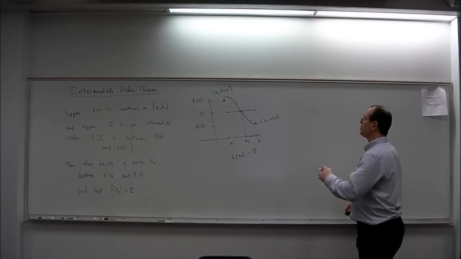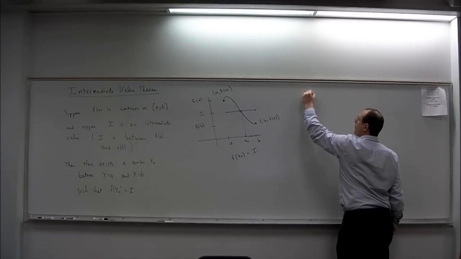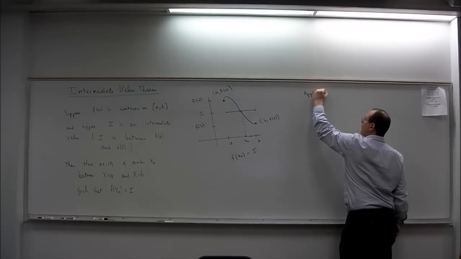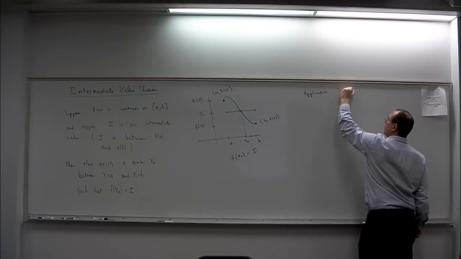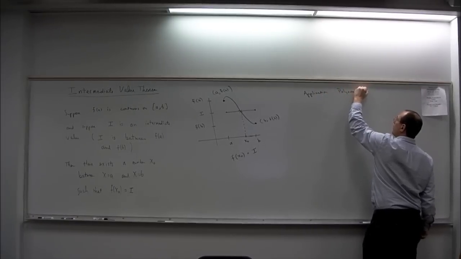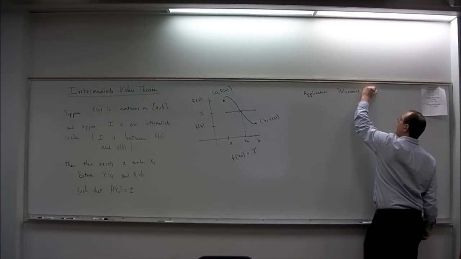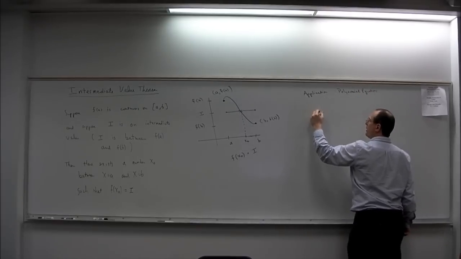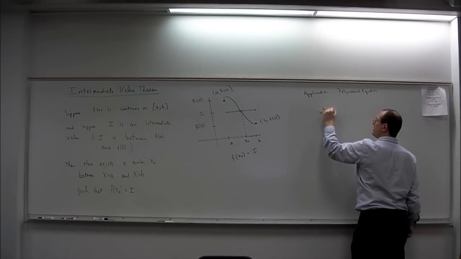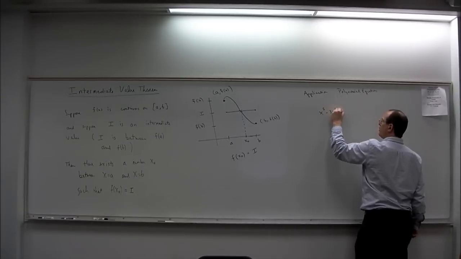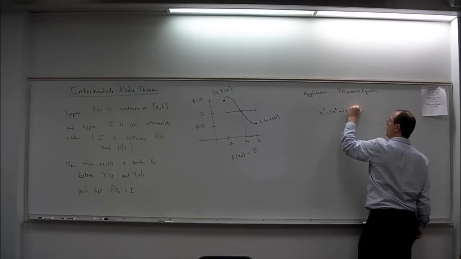And now an application to polynomial equations. Suppose we take the equation x to the 5th minus 3x squared plus 2x minus 4 equals 0.